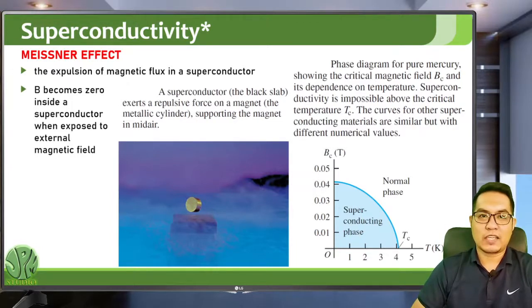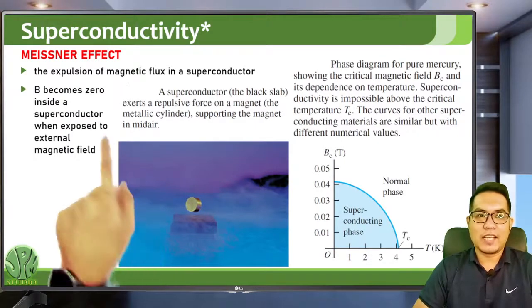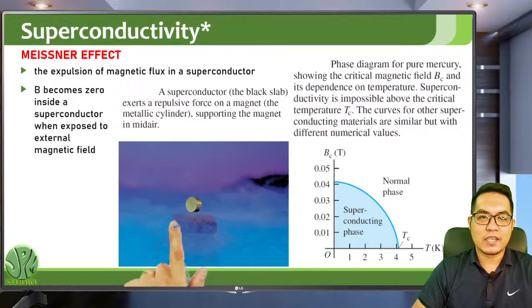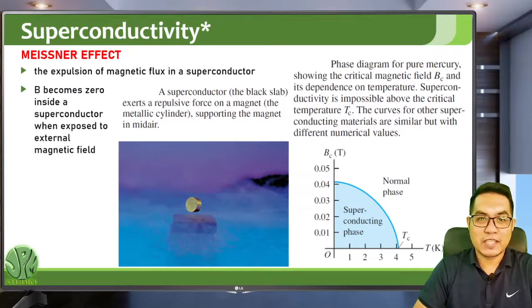When it comes to a superconductor, it has no electrical resistance R. So it can basically accommodate all of the current that flows through it. And another one is the Meissner effect. The black slab here is the superconductor, and the circular thing here is the magnet. A superconductor is a diamagnet, so it will exert a repulsive force on the magnet.